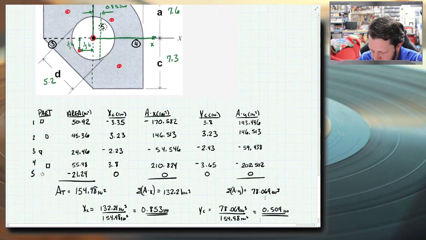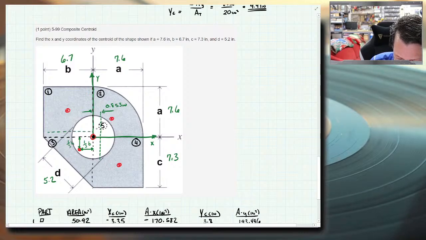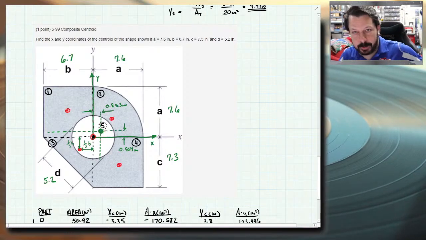So this says what, 0.5? Right in here is 0.5. So this intersection would be the centroid of our composite shape.